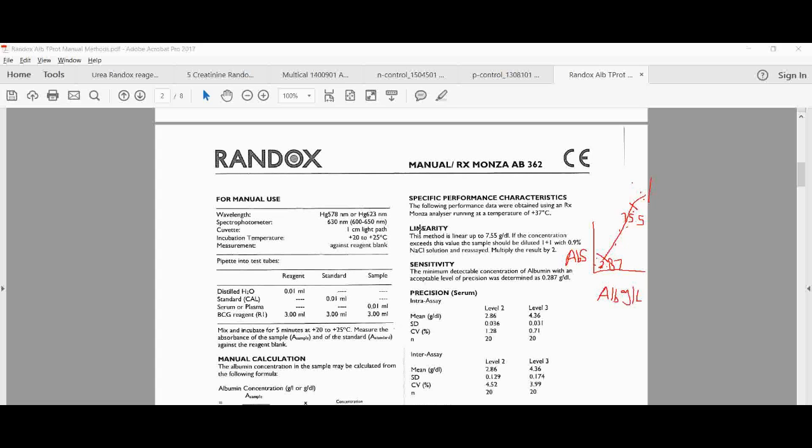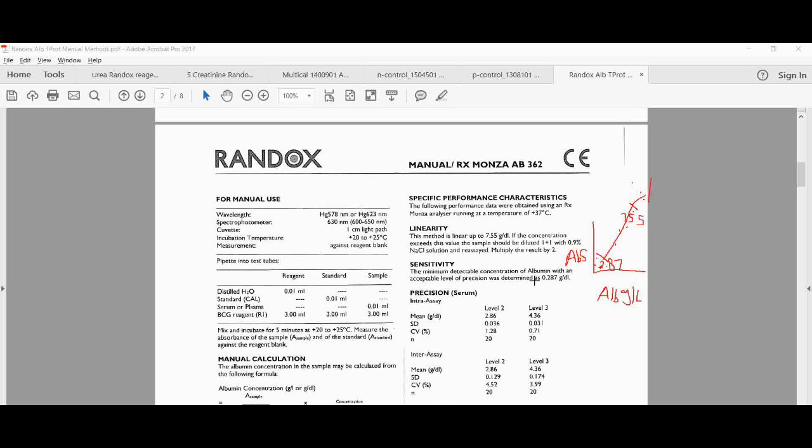Okay, that is linearity. Sensitivity, in other words, how sensitive is this method to detect? What is the lowest amount and the highest amount that this method can detect? So for albumin, the minimum detectable concentration is 2.87 grams per liter. They don't say the highest amount that can be detected.